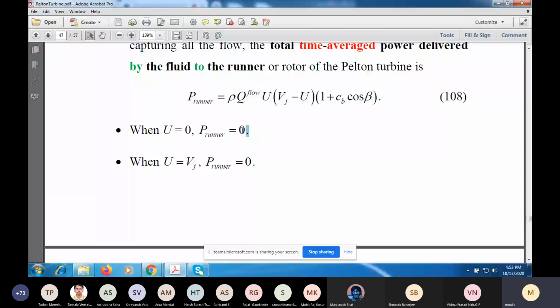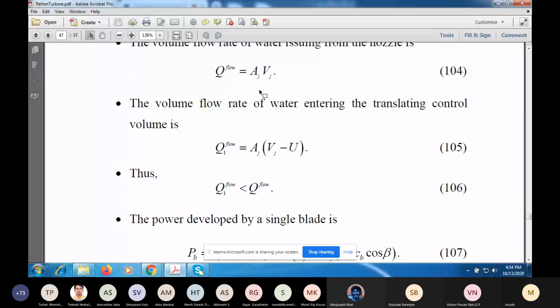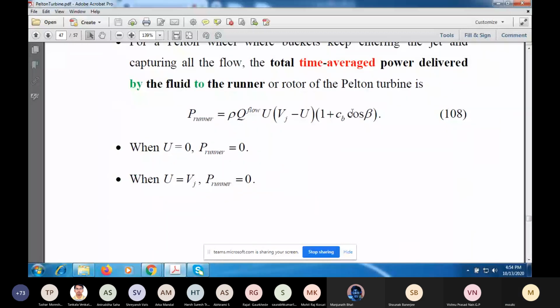Now, as we have discussed before, if U is 0, then the power is 0. I put P with a subscript runner for the power developed by the runner, and here I have the total flow rate, which is AJ Vj, not AJ into Vj minus U. So the final expression is rather easy if you want to do calculations.